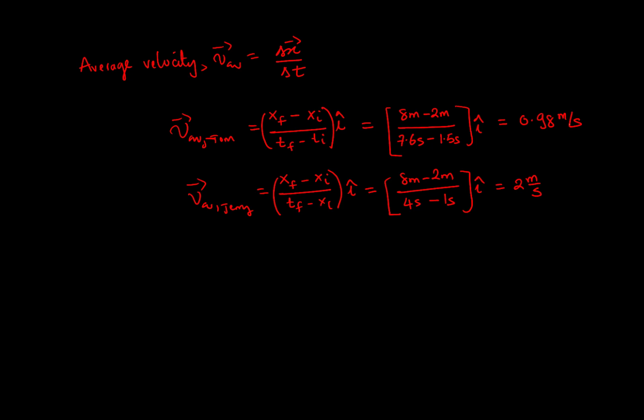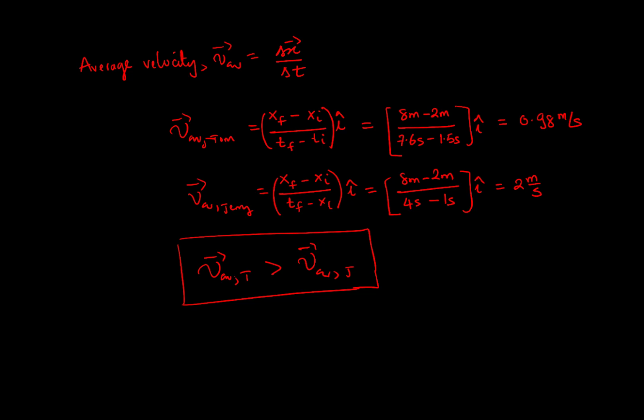So obviously you can see that the average velocity for Tom is greater than the average velocity for Jerry, as clearly illustrated from our graphs.